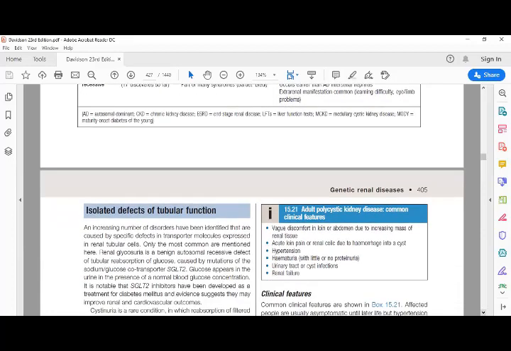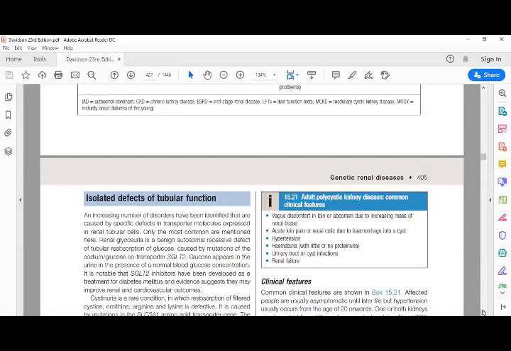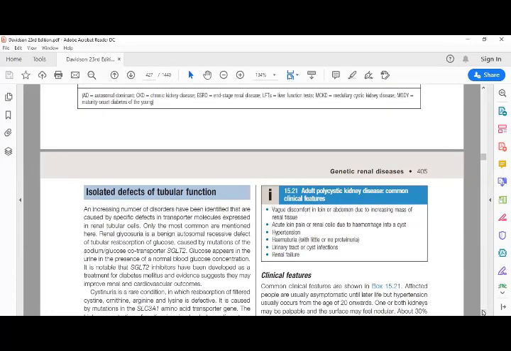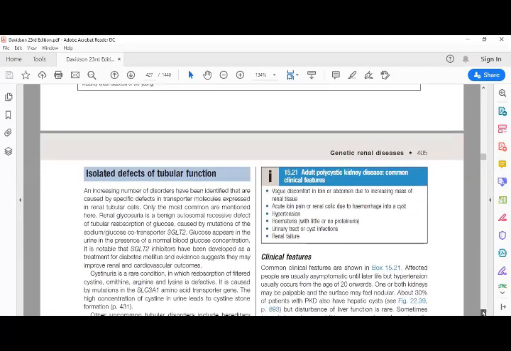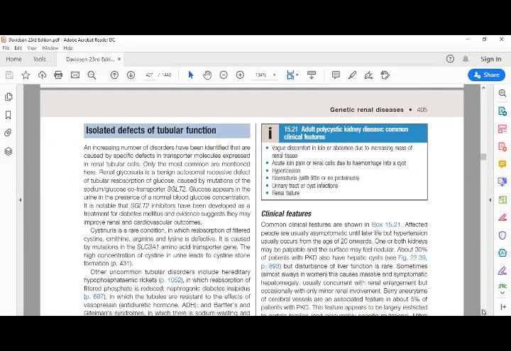Adult polycystic kidney disease. Common clinical features are: one, vague discomfort in the loin or abdomen due to increasing mass of renal tissue; two, acute loin pain or renal colic due to hemorrhage into the cyst; hypertension, hematuria, urinary tract or cyst infection, renal failure.